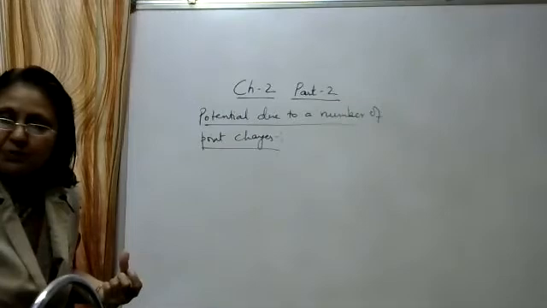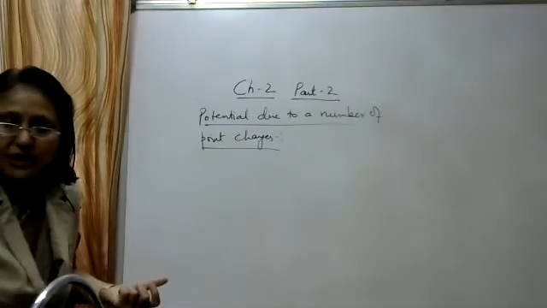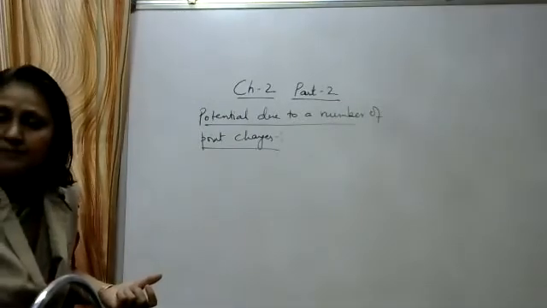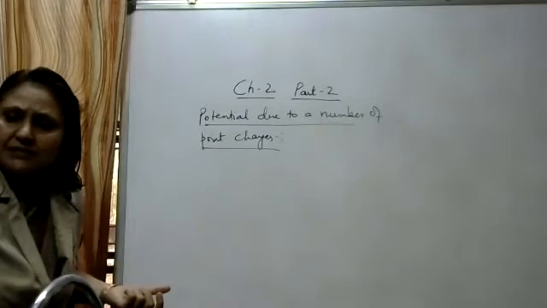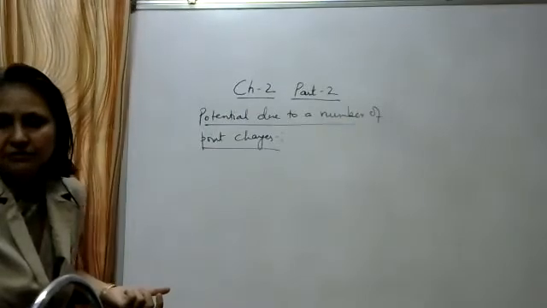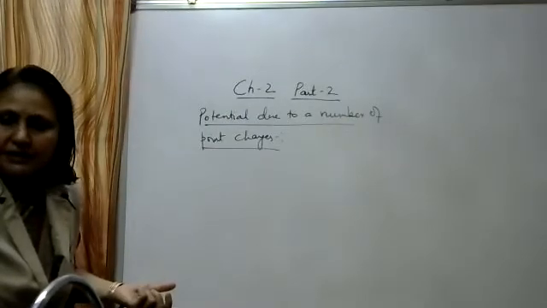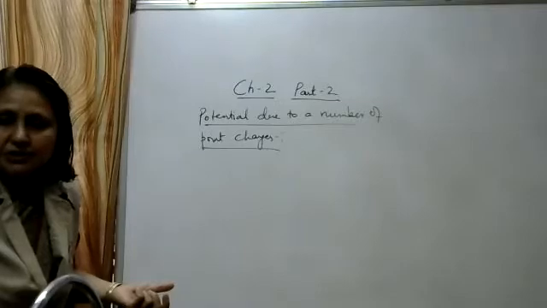So let's find out the potential due to all these charges. We know that the potential is a scalar quantity. So how will we add? It will be a simple scalar addition. Simply algebraically you can add it and you will get the expression of potential.